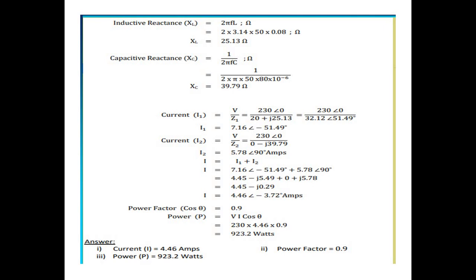Then power factor cos theta is 0.9, and then power is equal to V into I cos theta, 230 into 4.46 into 0.9, which is 923.2 watts. Then answer: current I is equal to 4.46, power factor 0.9 and power is equal to 923.2 watts.